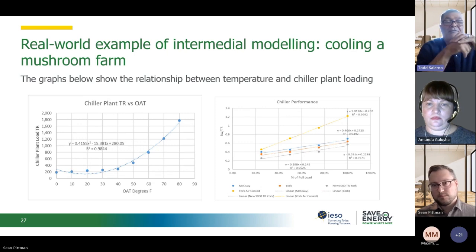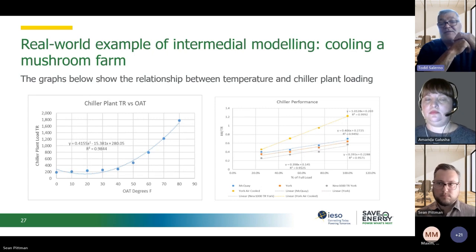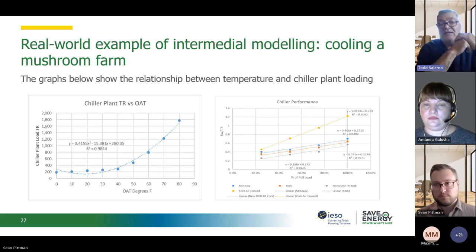So what we were able to do is, again, we metered the equipment, took all the specific data down so we would know what the cooling load was with respect to outside air temperature, because we found when we were doing the metering that the biggest component of what the change in chiller plant load was the outside air temperature.